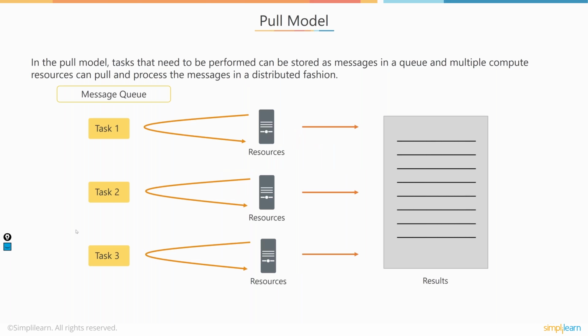For example, you have a queue of requests that you need to fulfill, and the queue filled up. Then you have more resources, so you're spinning up more boxes to be able to process these requests. And they're pulling from the queue, which stores all the tasks.